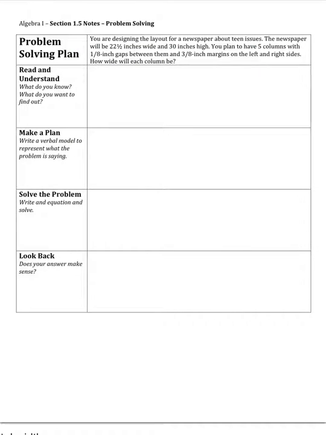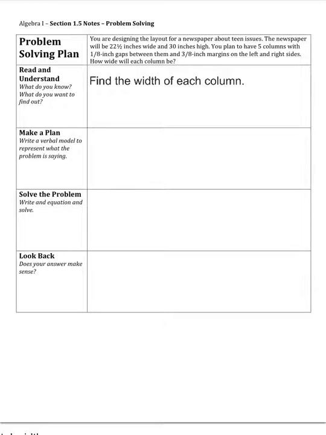So moving back to our plan, we have identified what we do know by drawing the picture. The second part of the first step is to identify what we want to find out. That always comes from the question part of your problem, which typically, I would say 90% of the time, shows up at the end of the problem. So in this case, it says, how wide will each column be?